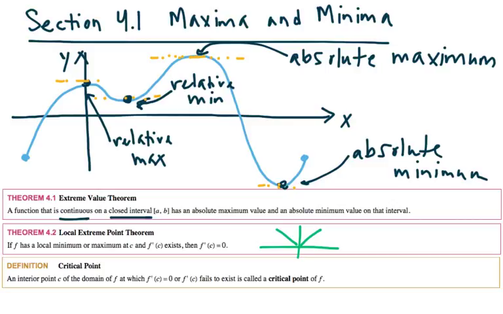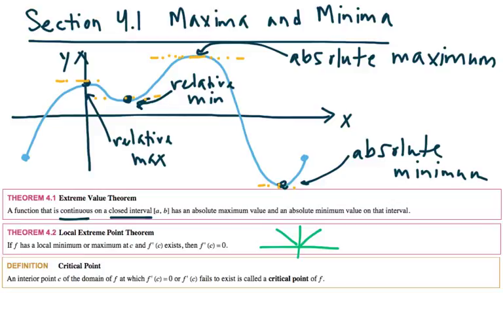And then the last one of the key points of this section is the critical point. It's an interior point c of the domain of f, so some function f, at which f prime of c equals 0, or f prime of c fails to exist. And we call that point a critical point.